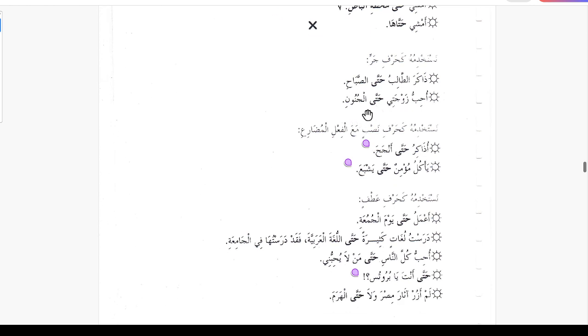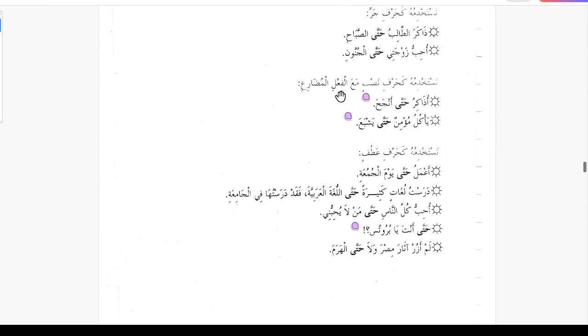Uhibbu zawjati hatta al-jununi, I love my wife, we can say hatta al-jununi, to the point of madness. So hatta is coming as a harf of jar, that is why al-jununi is an ism majroor.